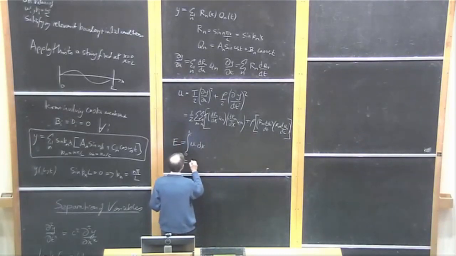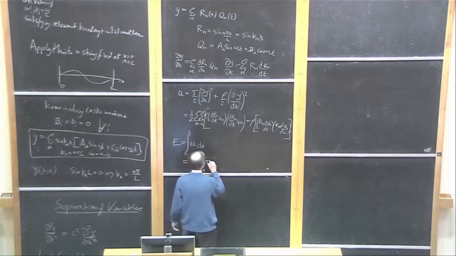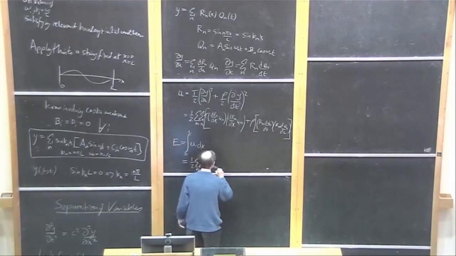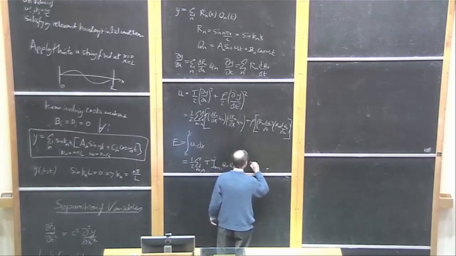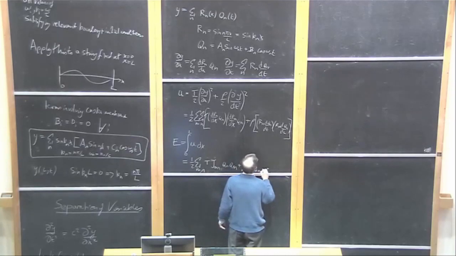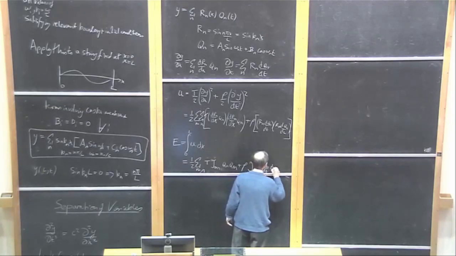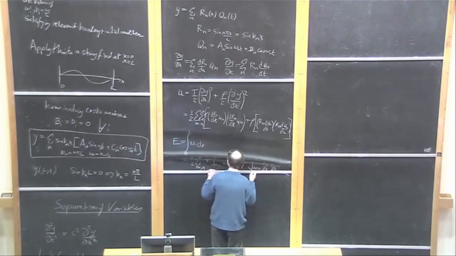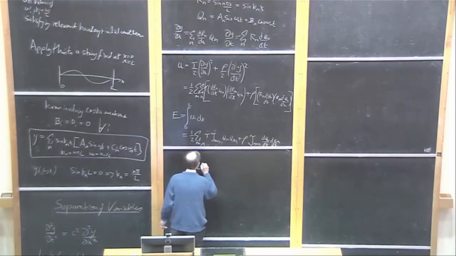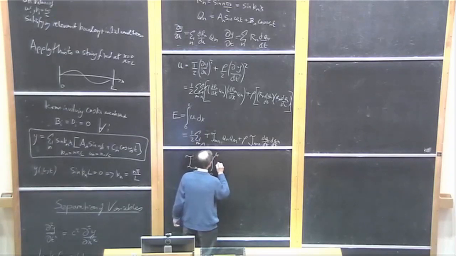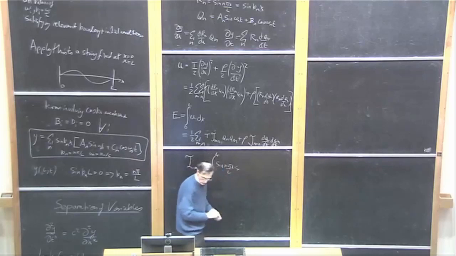So that equals one half, the sum over m and n, of the tension times I_mn times Q_n Q_m, plus rho times J_mn times dQ_n by dt dQ_m by dt, where the integrals are: I_mn is the integral from 0 to L of, wait a minute, sorry, that's wrong.